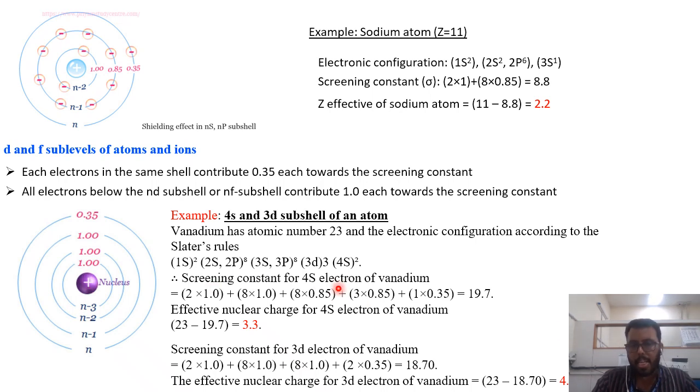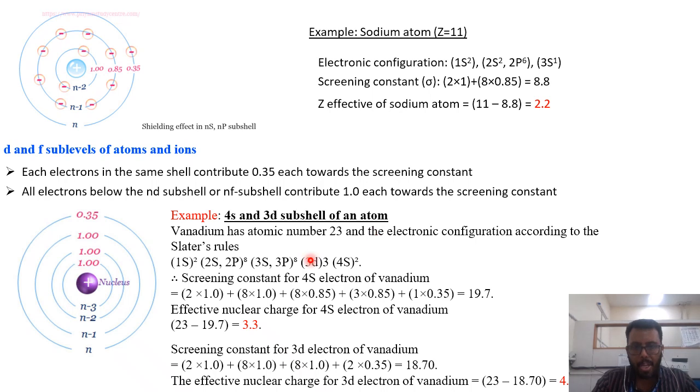Then you can easily write the electronic configuration of vanadium, 23. So you can write this configuration and then substitute the values. Look here, what is the 4s1? You are going to calculate for this one. Exclude that electron, because whichever electron you are calculating the screening constant for, you have to exclude. So 1 electron, 1 into 0.35. This is the valence electron.